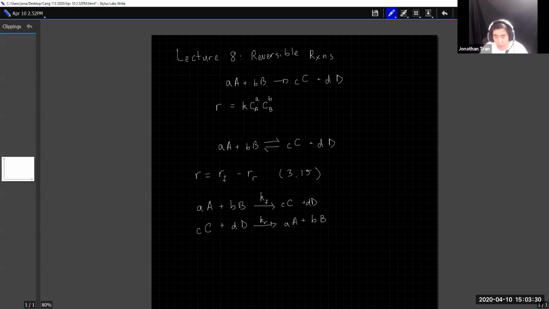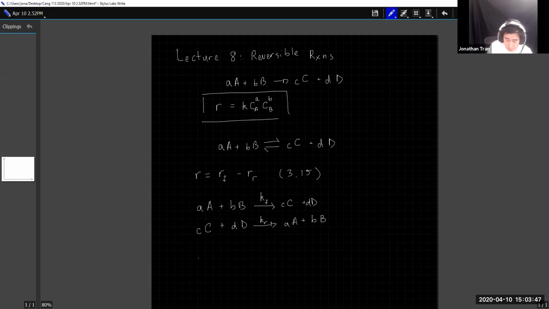Now using equation 3.15 and the general rate law up here, we can describe what a reversible rate law is going to look like.